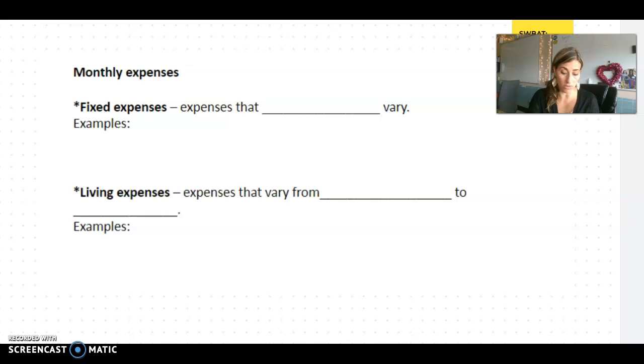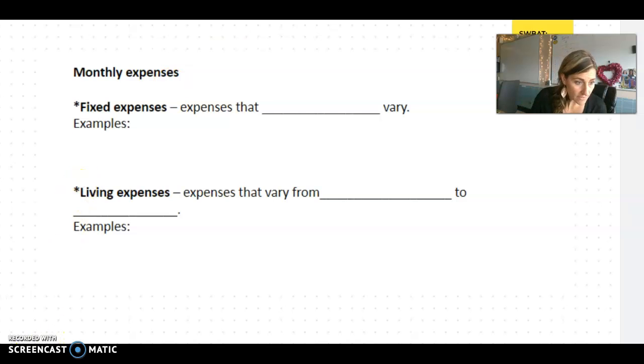So those are your mortgage, your rent, your phone, your insurance. Those are the expenses that don't ever change. So you know that if you pay for insurance, you pay the exact same amount. It will never increase or decrease.